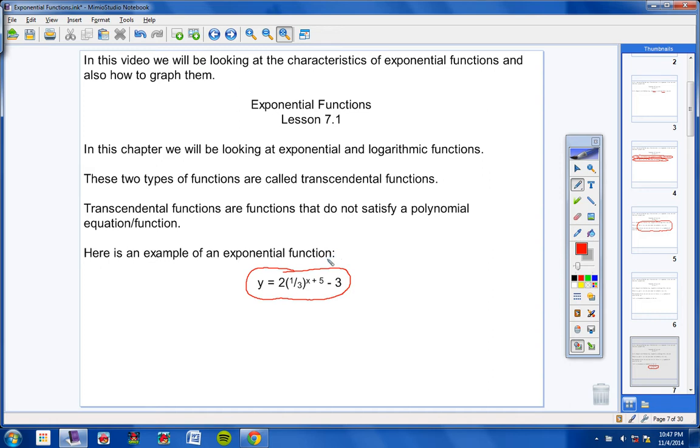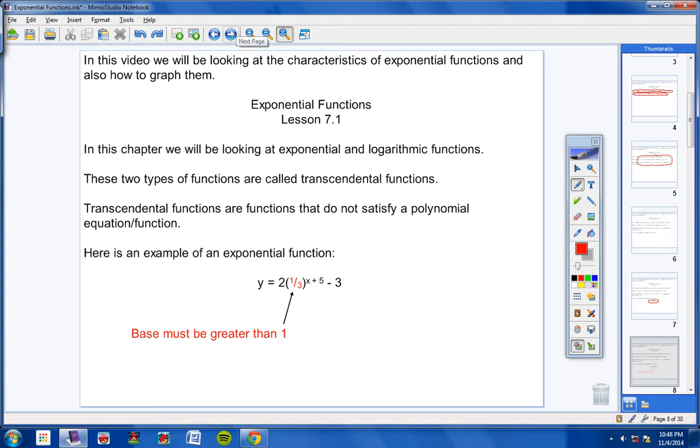Now let me show you some things about this function you need to know. Copy this down, please. Number 1: this is the base right here, 1/3. The 2 is not the base. The 2 is being multiplied times the base. It's a scalar or a multiplier, but the base is 1/3. So the base in an exponential function must always be greater than 0.